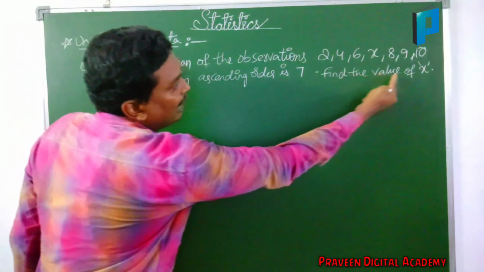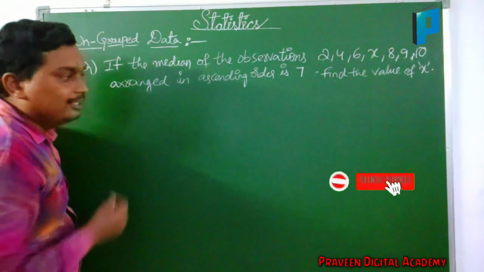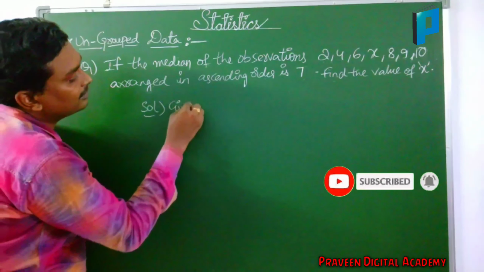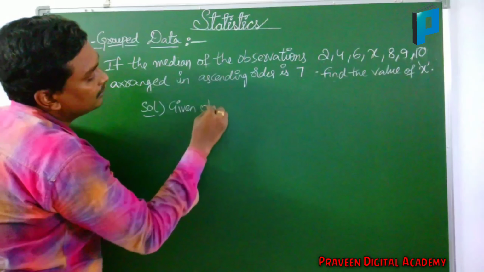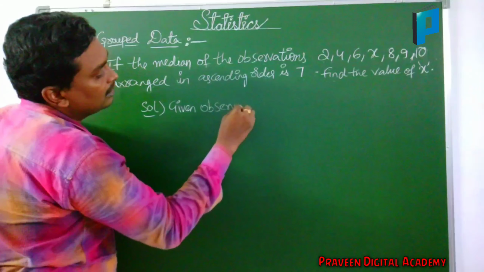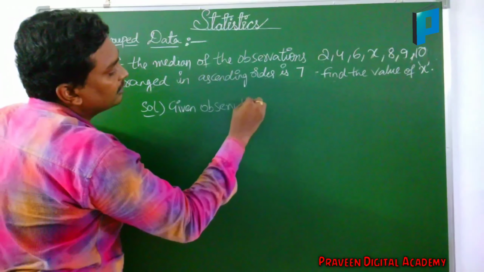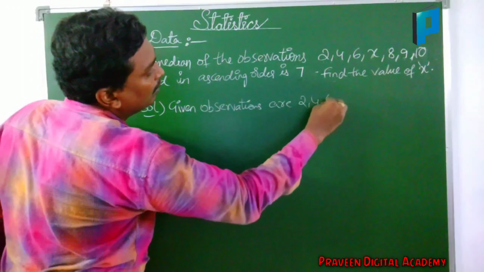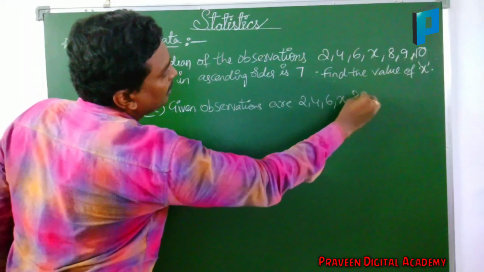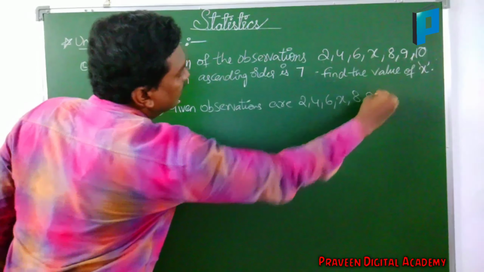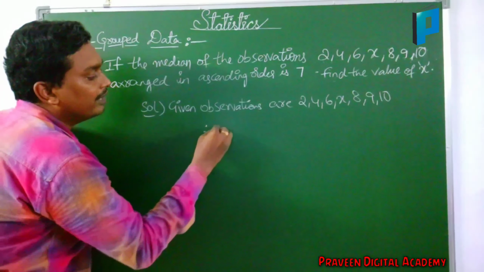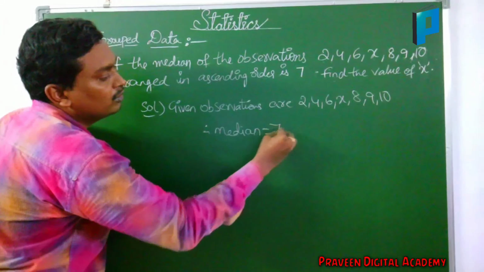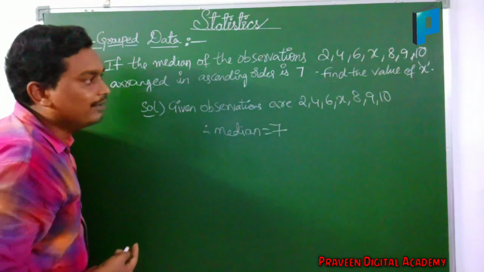Find the value of x, they are saying. Solution, given observations are 2, 4, 6, x, 8, 9, 10 and also they given median is equal to 7.